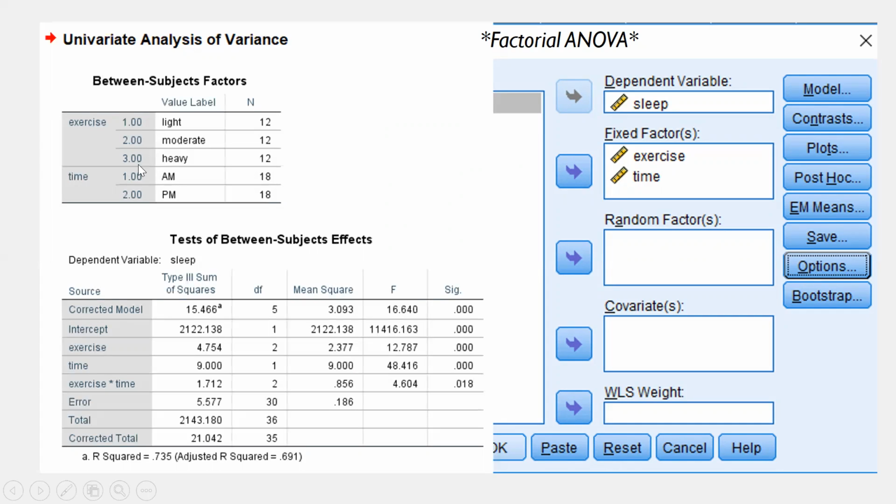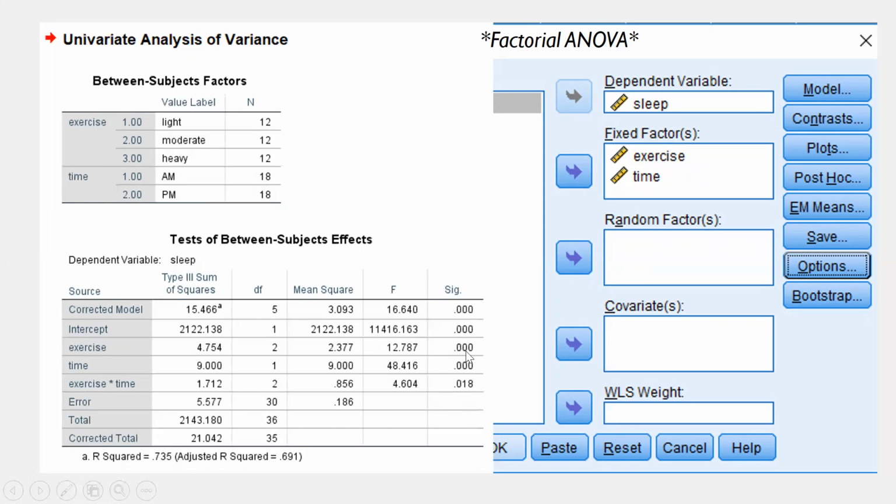I know factorial notation is tricky, but recall that the number of numbers indicates the number of IVs. So 3x2, there's a 3 and then there's a 2, standing for your 2 factors. 3, indicating this exercise IV that has 3 levels within it, by 2, the second IV that has 2 levels within it. Okay, so this is technically a 3x2 ANOVA on the DV of sleep.